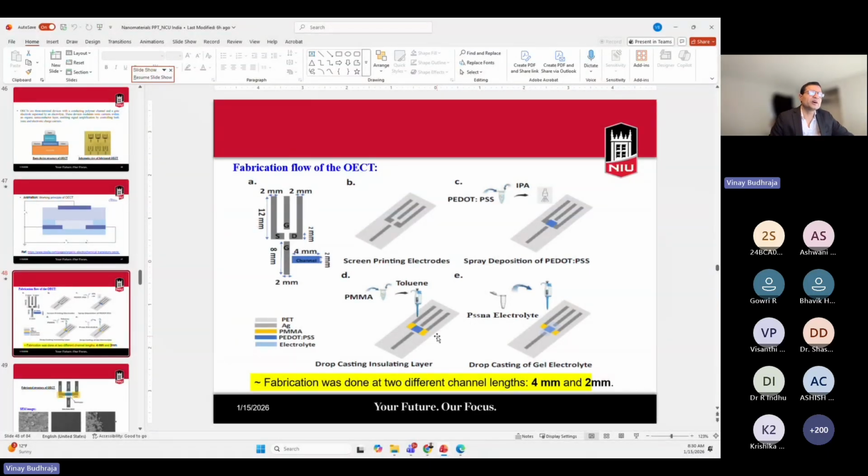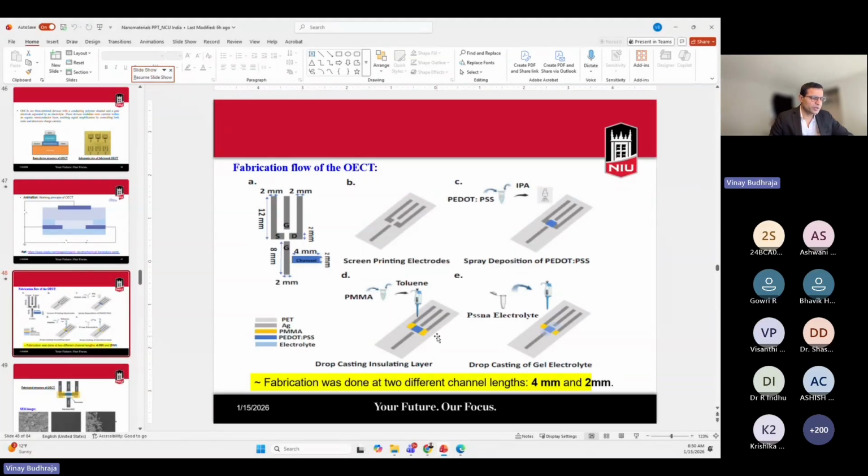And many times we have heard that if cancer is detected at the initial stage, it could be better. So with the help of OECT, it is possible. Those cancer cells, when they are in very small concentration in the body, will have a fast reaction rate with the electrolyte, and that can be detected in cancer biomarker detection.